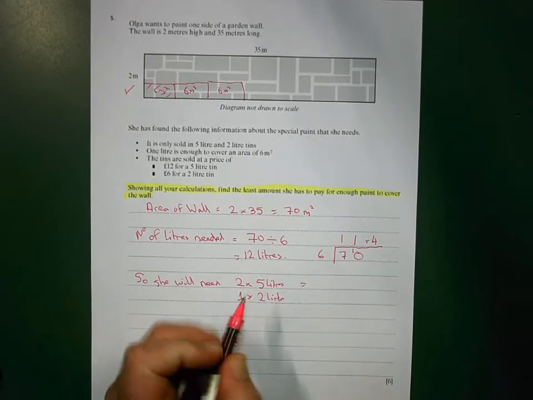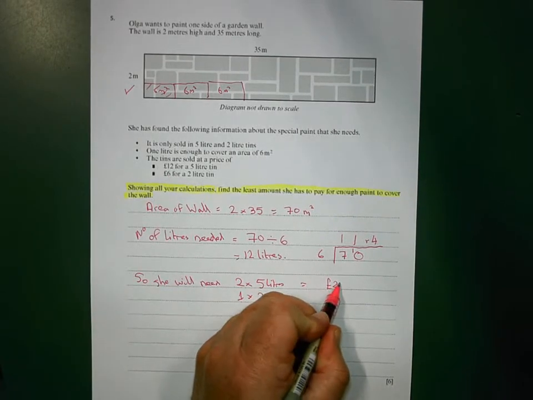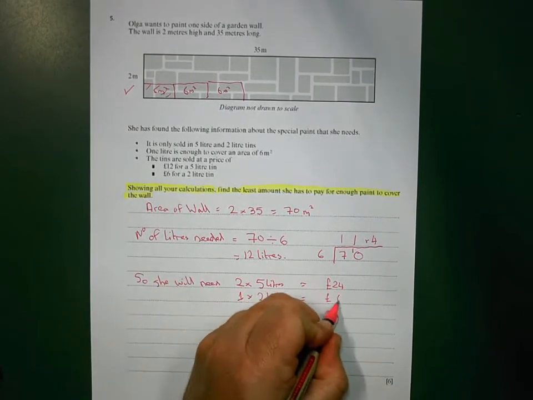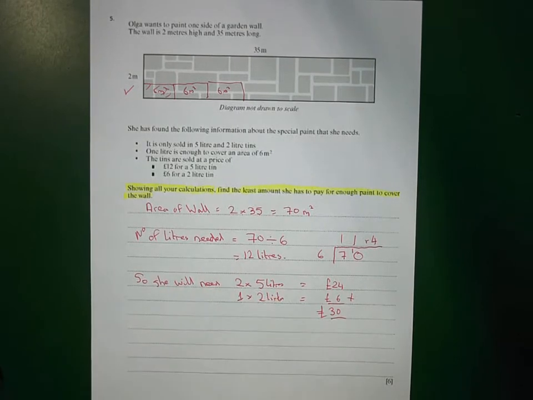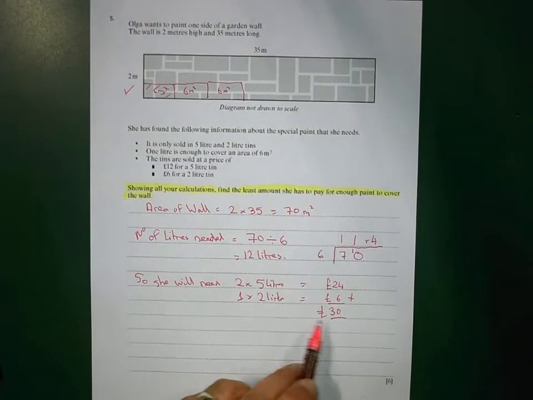because 2 lots of 5 litres is going to cost me £24. 1 lot of 2 litres is going to cost me £6. So to answer the question, the least amount she has to pay is £30.